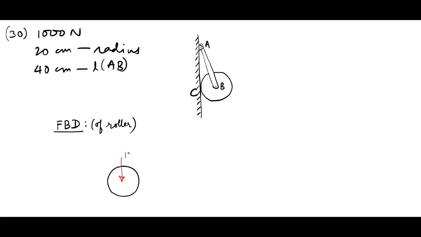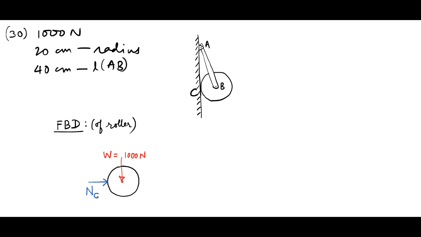So weight 1000 newtons, it's the weight which is W. Now the other force acting on the roller is the normal reaction exerted by the wall at point C. Remember, we have said that the wall is smooth, and therefore the only force exerted by the wall is the normal reaction. There's no friction. This I'll call N, normal reaction exerted at C.